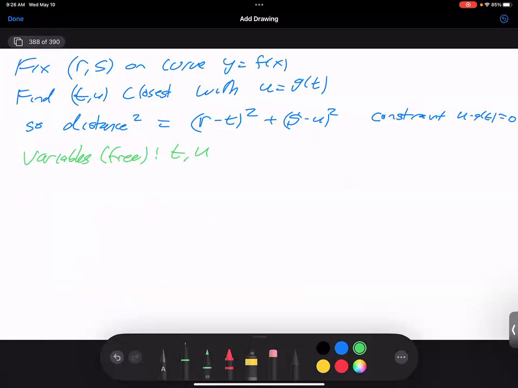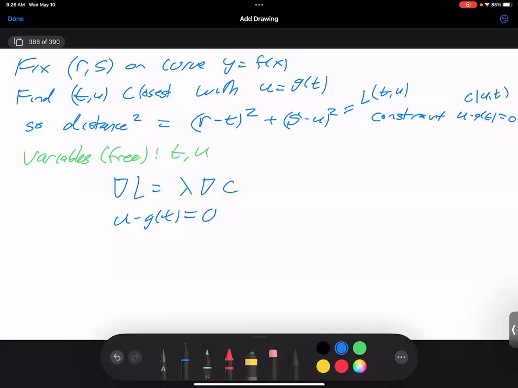So if I call this distance function L of T and U, I would get the gradient of L is lambda times the gradient of, I need a constraint function. I'll call this C of U, T. And I would get U minus g of T equals 0. So this would be 3 equations, 3 unknowns.